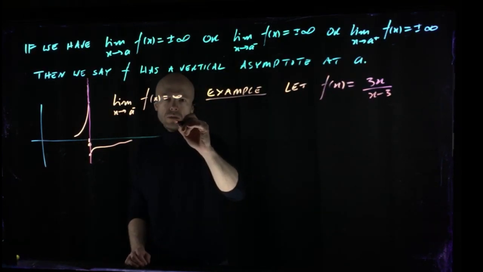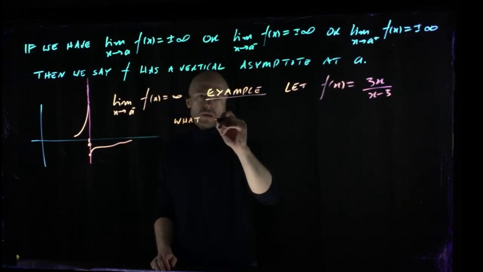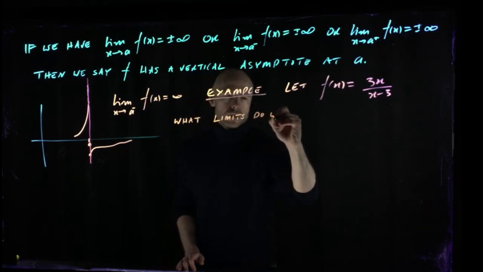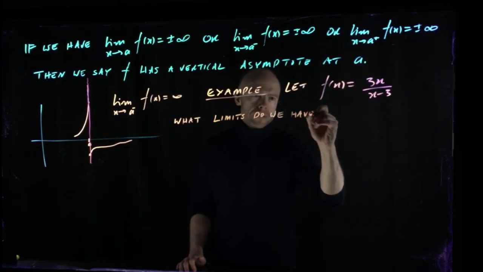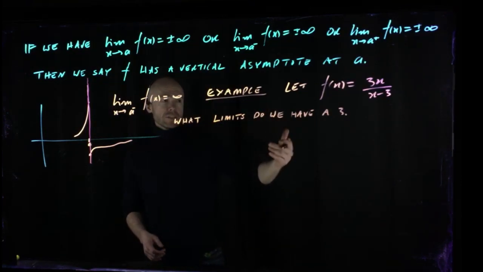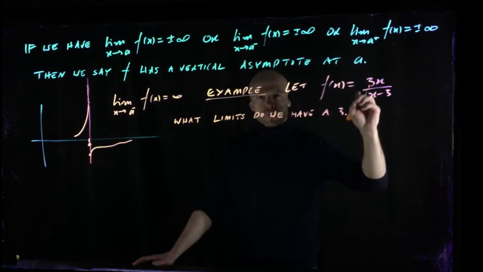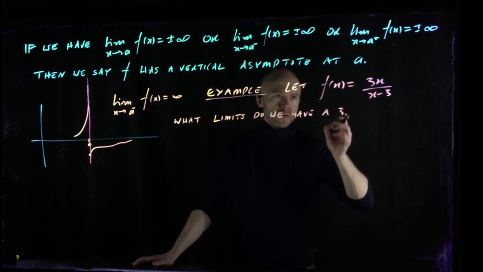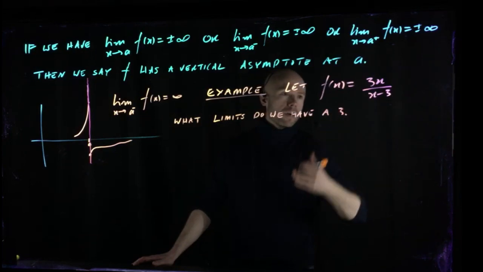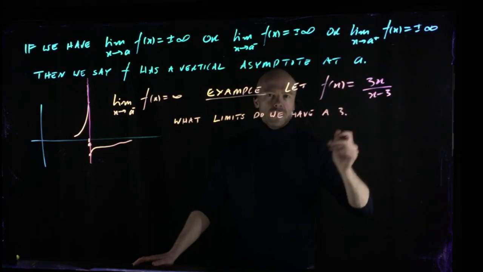So what limits do we have at 3? Okay, well, as x approaches 3, the thing on the top is approaching 9, the thing on the bottom is approaching 0, either from small positive numbers or small negative numbers. So this thing has to be tending either towards positive or negative infinity, and we'll figure out which in a second. But it's definitely either positive or negative infinity, therefore this limit won't exist as a number.